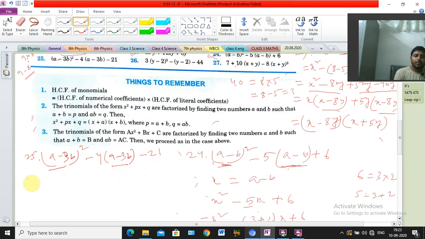So that means we have to consider a minus 3b equal to x. So now we can write x square minus 4x minus 21. Now it is clear? Because instead of a minus 3b we are writing x. Okay, now it is easy.